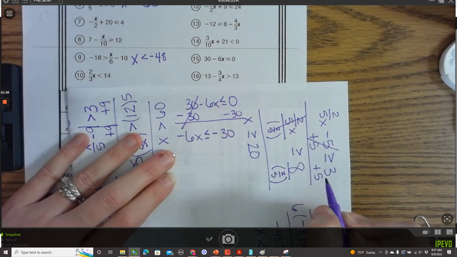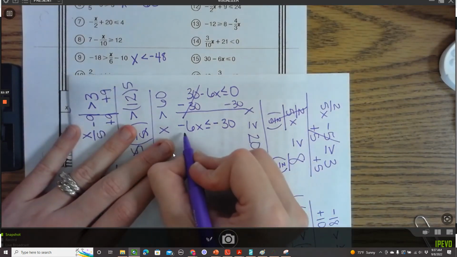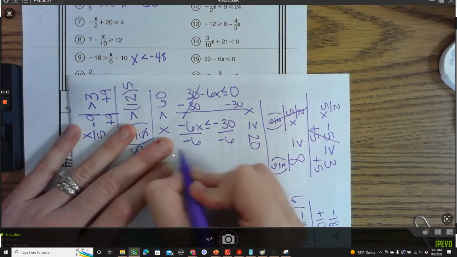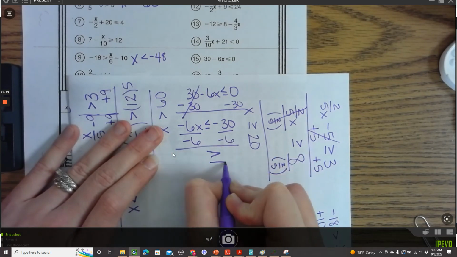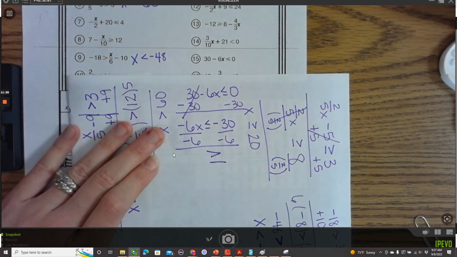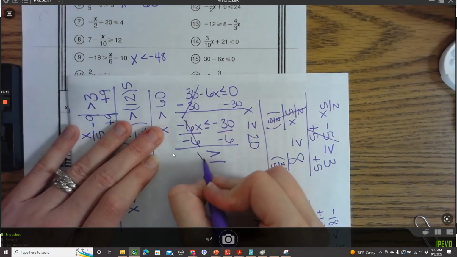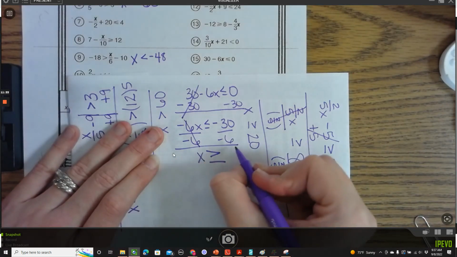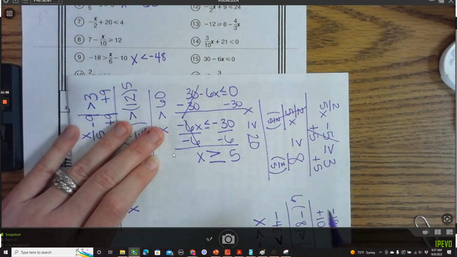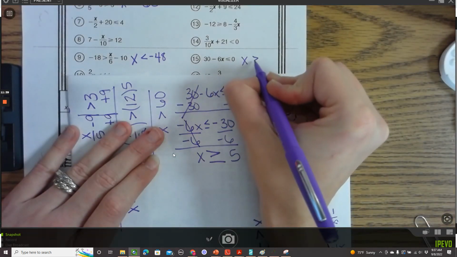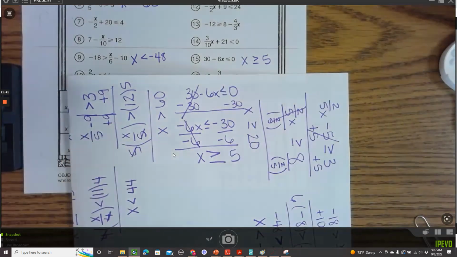All right, then what? So if I divide by a negative, the sign flips. Just do it as soon as you see that you divide or multiply. If you multiply by a negative, it flips. Negative 30 divided by negative 6? 5. All right, so x greater than or equal to 5.